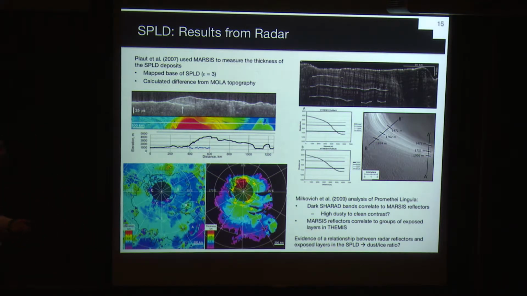And so that was evidence of a relationship between the radar reflectors and the exposed layers in the SPLD. And so this could be dust to ice ratio, this could be a number of different things, but at least we know that the radargrams do appear to mimic the exposed layers.